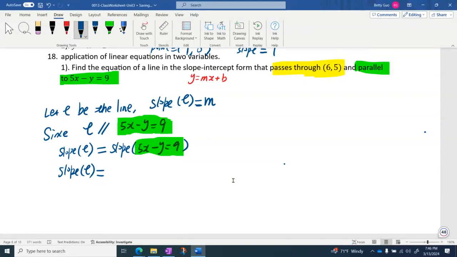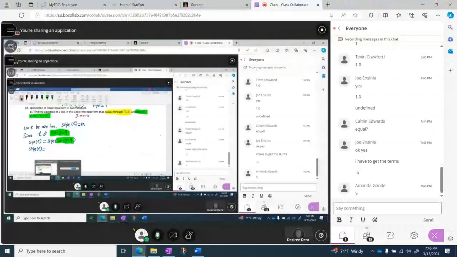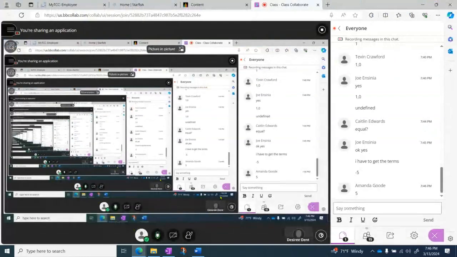Any method would work. You either use the formula, slope equals negative a over b, or you can rewrite the equation in slope-intercept form and identify the slope. What's the slope? 5, positive.